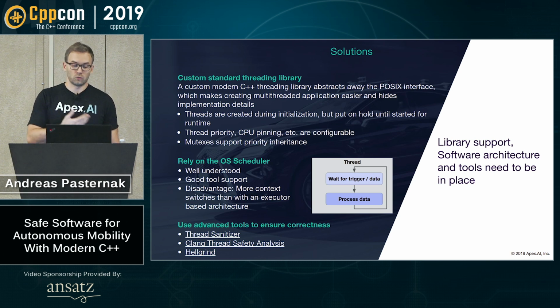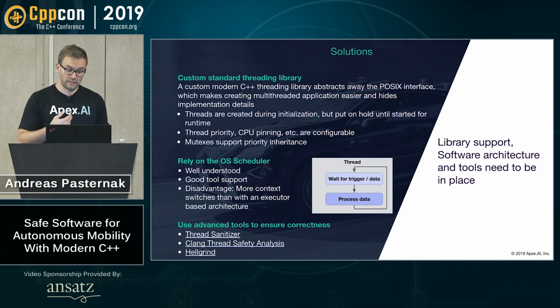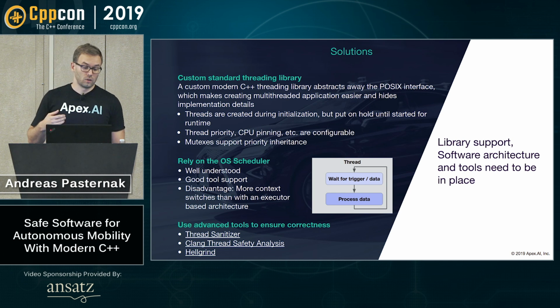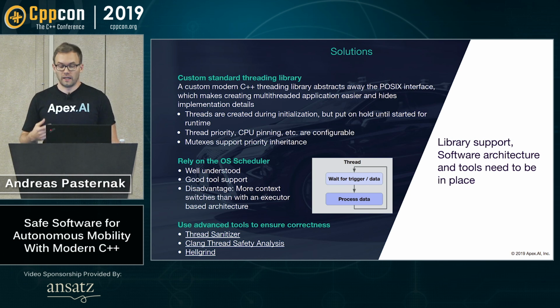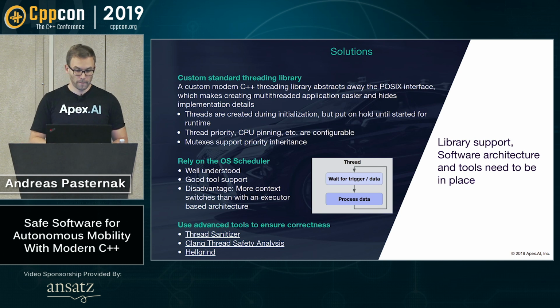These are runtime tools. There are also static code analysis tools, like Clang thread safety analysis, where you annotate your variables and your mutexes, and the tool will statically tell you if you have any problems with data races or something like that.